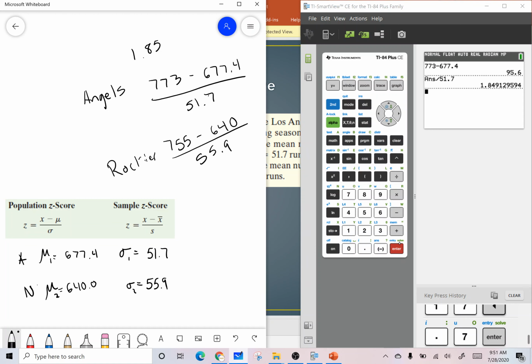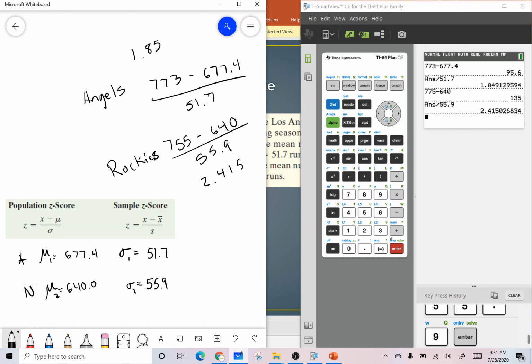I rounded to two decimal places. This is the one time when you're going to do two decimal places, because this is a z-score. Then we have 755 minus 640 divided by 55.9.